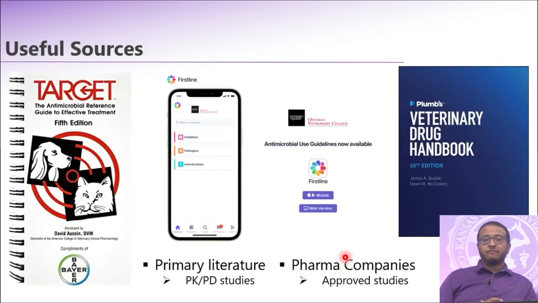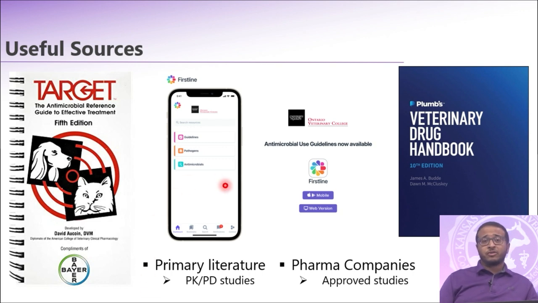With that, I would like to refer to some sources. This is not a free ad here; it's just giving some credit to sources that I'm sure most of our veterinarians and clinicians use one or more of, including the Target Vet Antimicrobial app, a very useful source for determining pharmacokinetic and pharmacodynamic interactions, and a good guide for selecting concentration-dependent and time-dependent antibiotics.